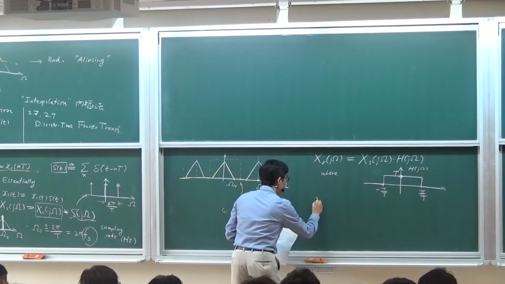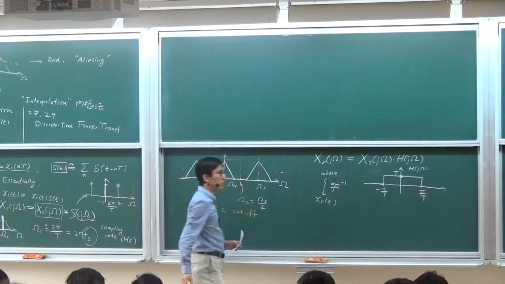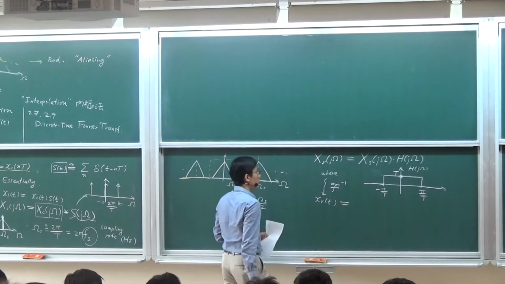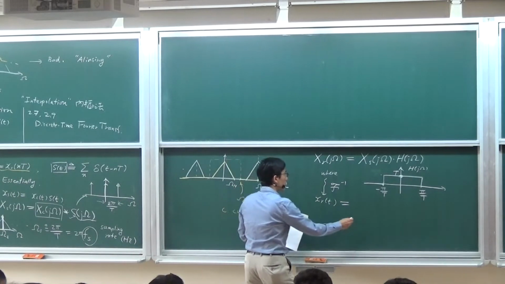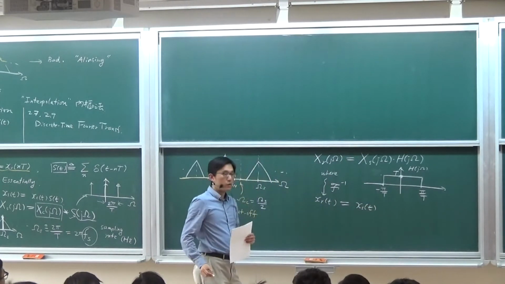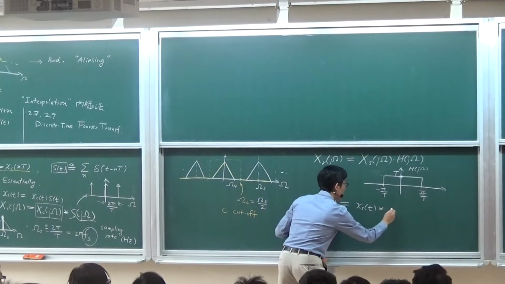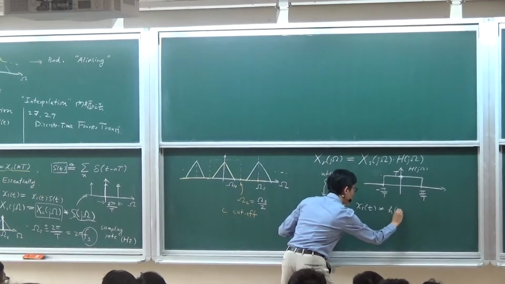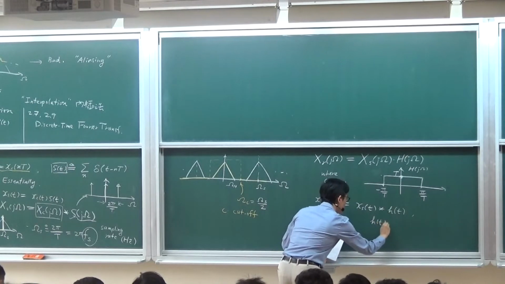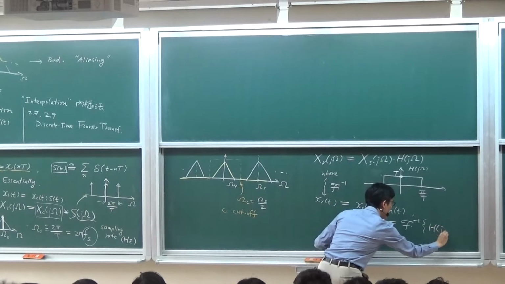We know that the reconstructed signal, back in the time domain after applying the inverse Fourier transform, would be the convolution of this signal with what is denoted as h of t, where h of t is the inverse Fourier transform of this ideal low-pass response.